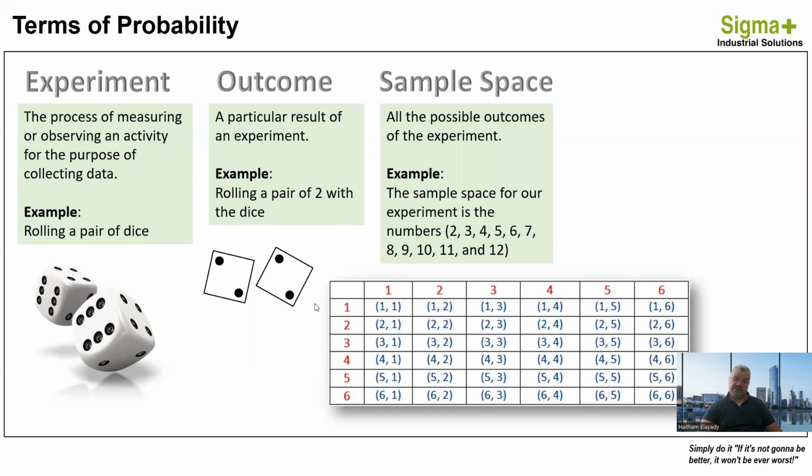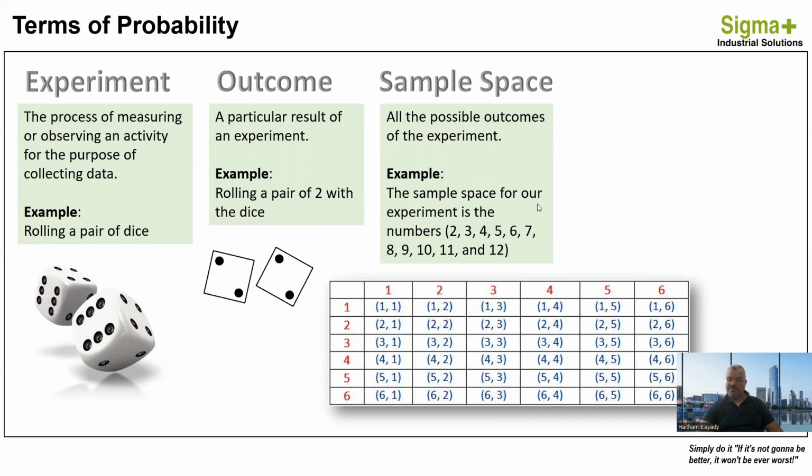Then we have the sample space. The sample space is all the possible outcomes of that experiment. In some conditions, you know all the possible outcomes. For example, you have a pair of dice, which contain numbers from 1 to 6.